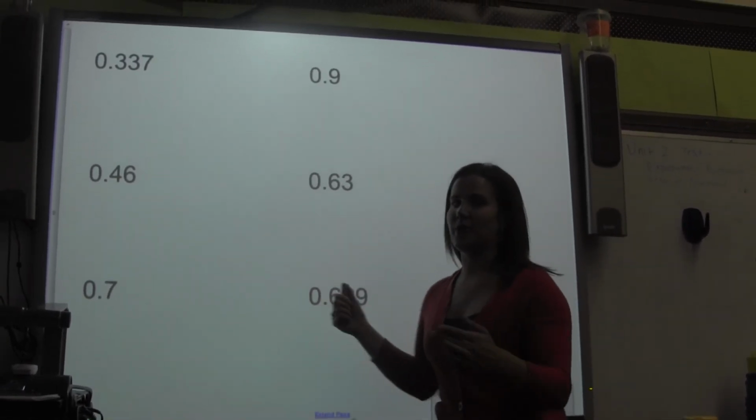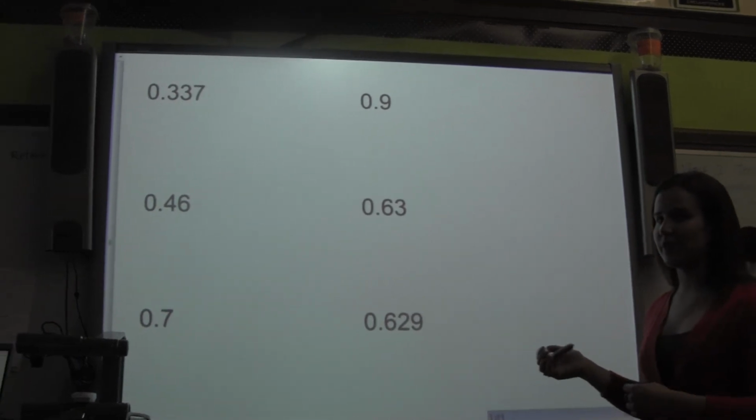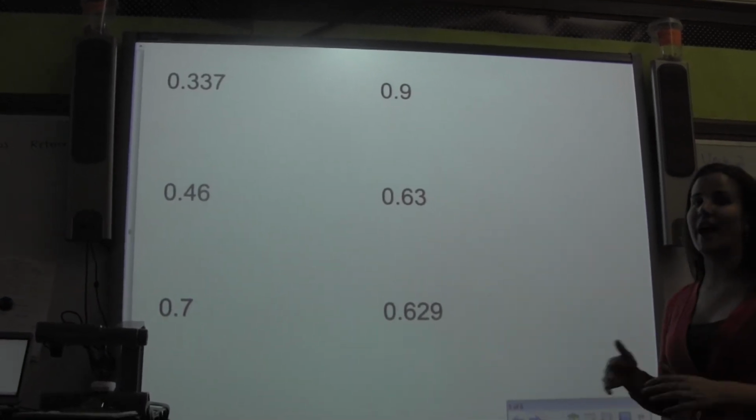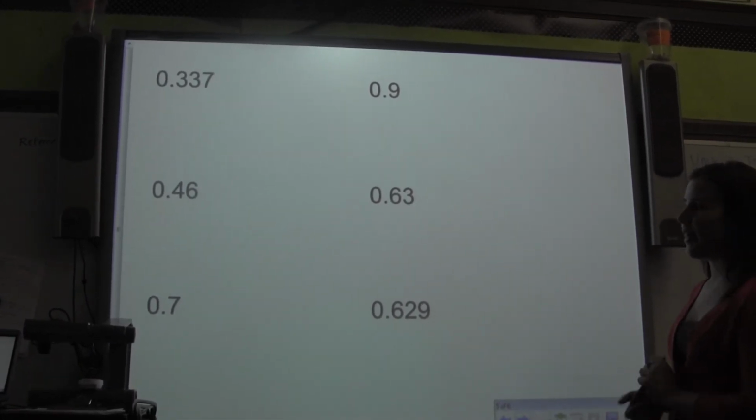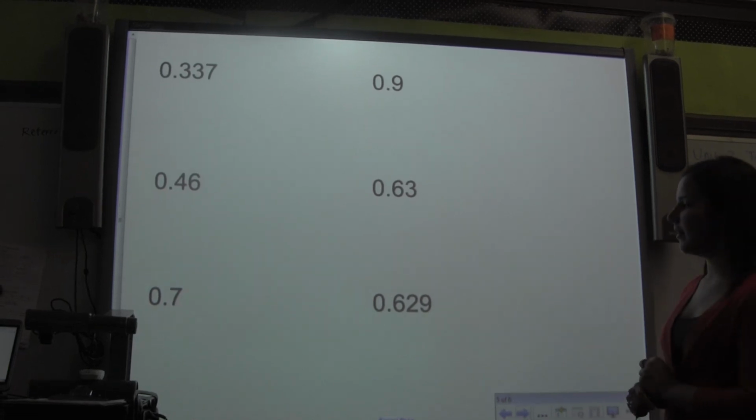So I want to give you a few minutes to just try these on your own really quickly, change them all into fractions. Remember that place value that we were talking about?